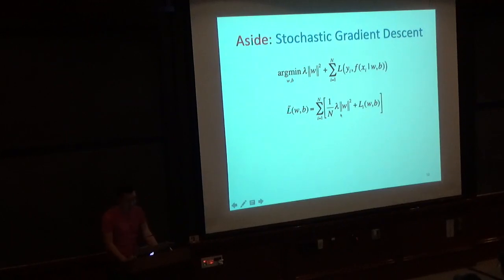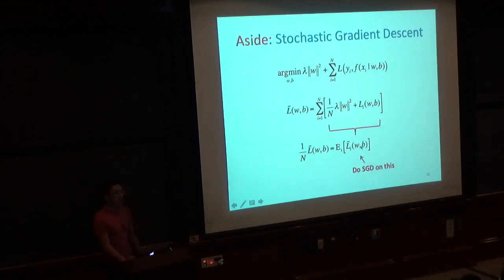And what this does is it says, okay, I'm going to chop up this guy into capital N small pieces, where capital N is the number of training examples. And now this is my little piece of loss function, like that. And now I can do SGD on this. And of course, if I'm doing mini batch SGD, where a batch is more than just one training example, I could reweight this proportionally.